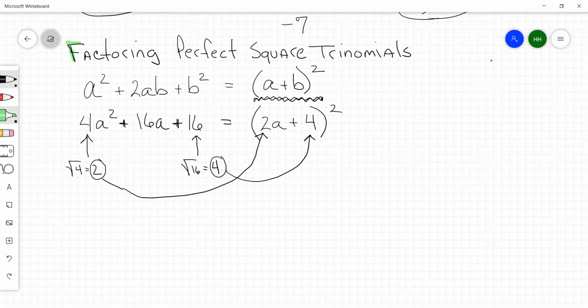They both have to be perfect squares. Yes, they both have to be perfect squares.